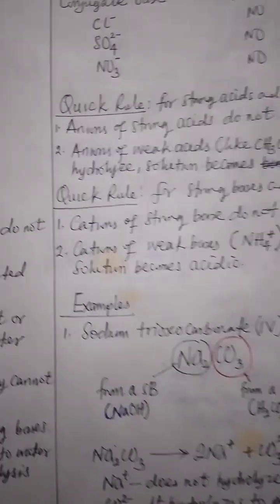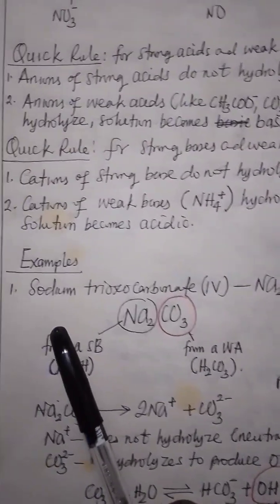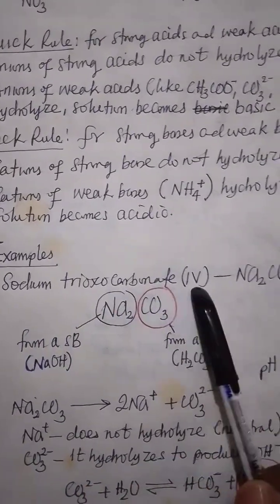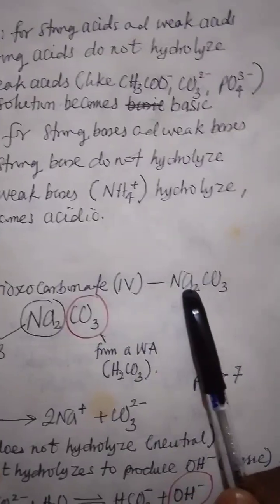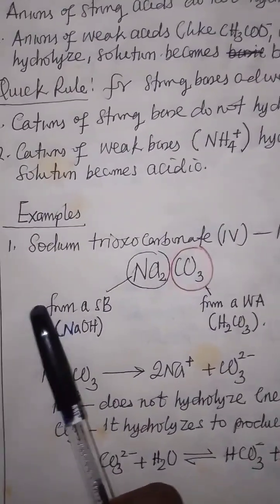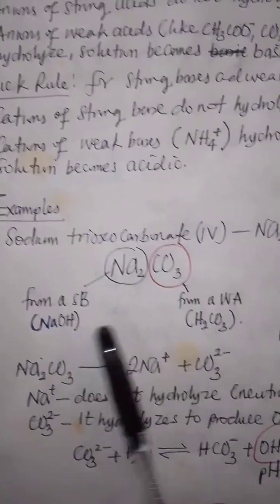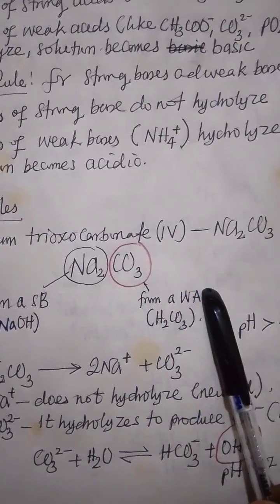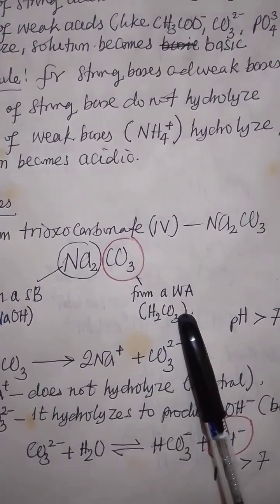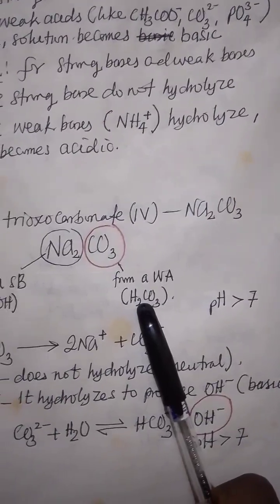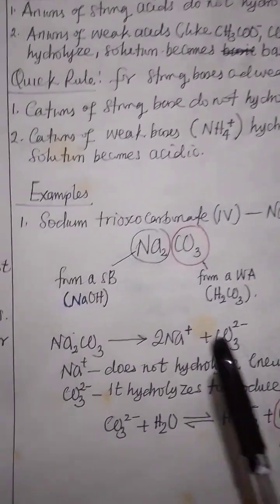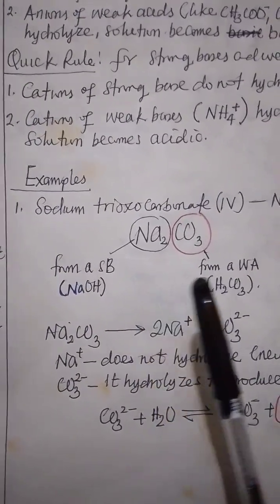Let's see examples. Sodium trioxocarbonate 4, that's Na2CO3. The Na2 is from a strong base, sodium hydroxide. The CO3 is from a weak acid, H2CO3, that's trioxocarbonate 4 acid. Now, in a layman's language, the stronger rules an environment.